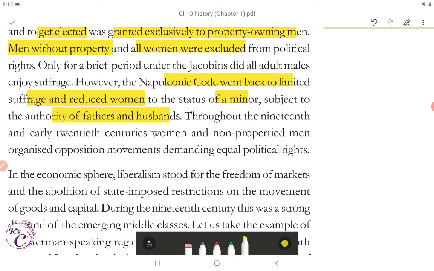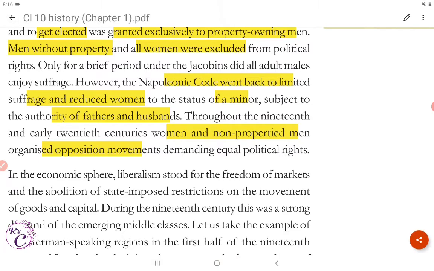Throughout the 19th and early 20th centuries, women and non-propertied men organized opposition movements demanding equal political rights.